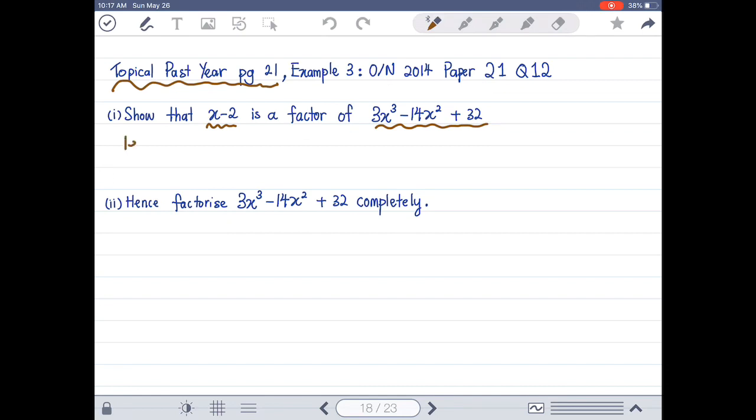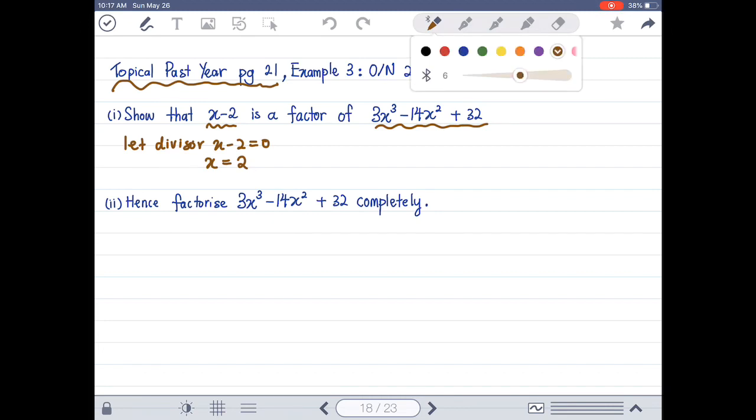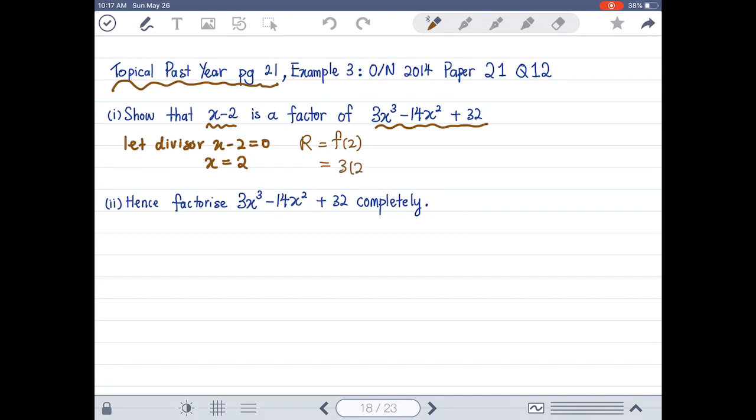Let the divisor x minus 2 equal to 0, then x equals to 2. Then we check for the remainder. R equals to f(2), which is just equal to 3 times 2 to the power of 3 minus 14 times 2 squared plus 32.